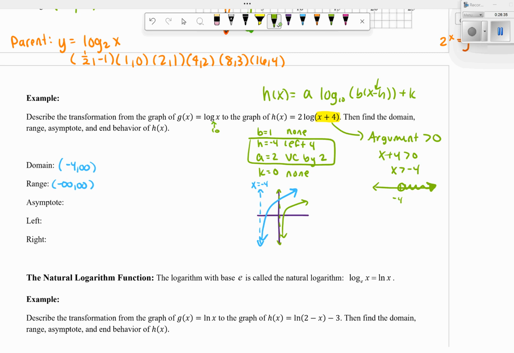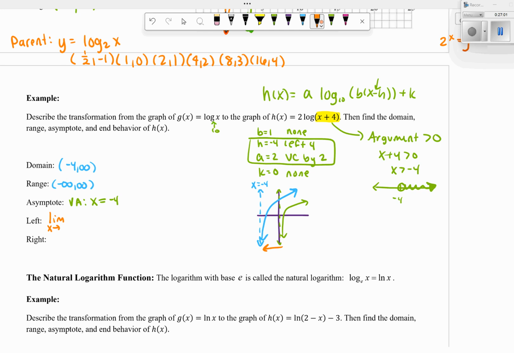The asymptote is a vertical asymptote at x equals -4. And then we're going to write the end behavior. So for the end behavior, let's look at the left and the right. In this case, we don't really have a left side of the vertical asymptote, but the left limit is just what's happening as we're approaching the vertical asymptote. So the limit as x approaches, and now we're not approaching 0. Remember, we moved our vertical asymptote.